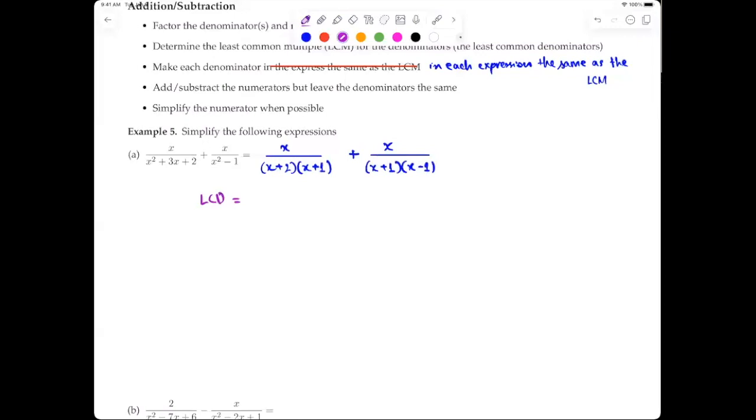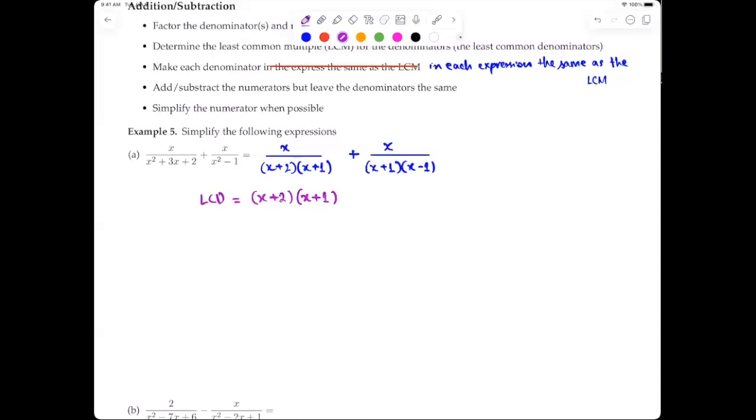You take out the factor x plus 2, put that in here. x plus 1, put into the LCD. Okay. Now you're done with the first expression. Right. You move on to the second expression. x plus 1, the factor x plus 1, you already got it.